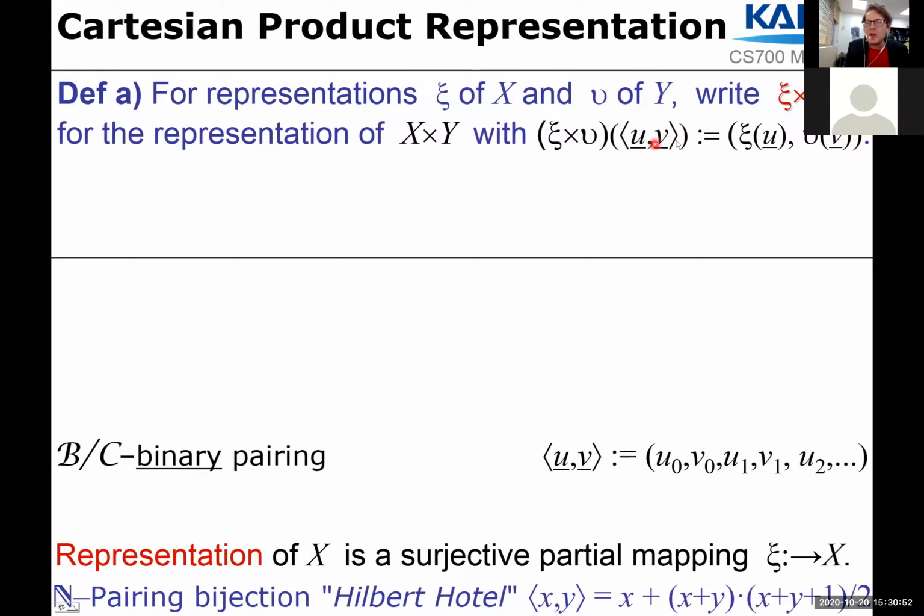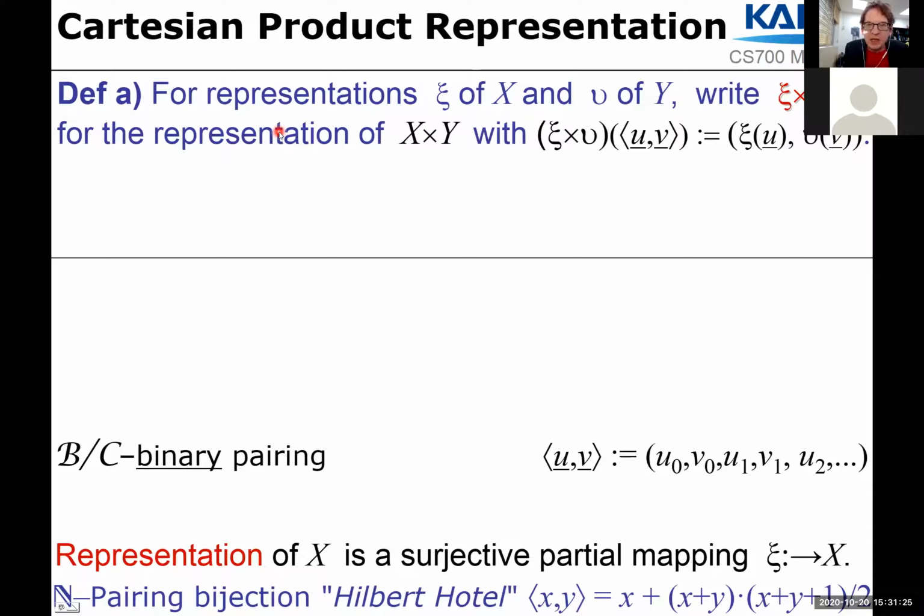So given two names combined into one single one, we recover the first and the second as those with even or with odd index, translate them to recover the original elements for which these are the names, and then consider the pair of the two. So it's easy to see that this is indeed a representation, a surjective partial map.